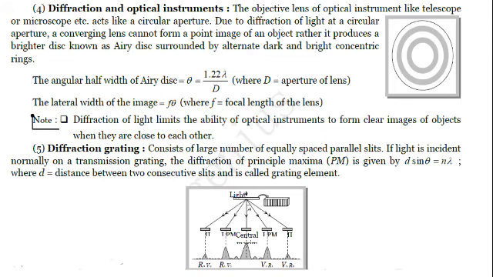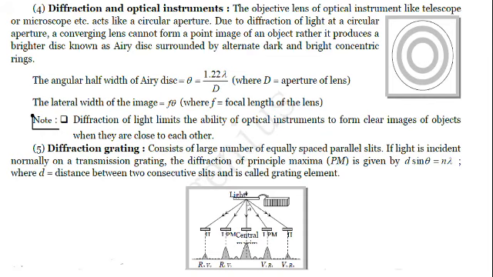If both objects are at infinity, both will appear as a single object. Is it right? Now, to what extent those bodies will appear separately, distinctly or perfectly, that is called the resolving limit.